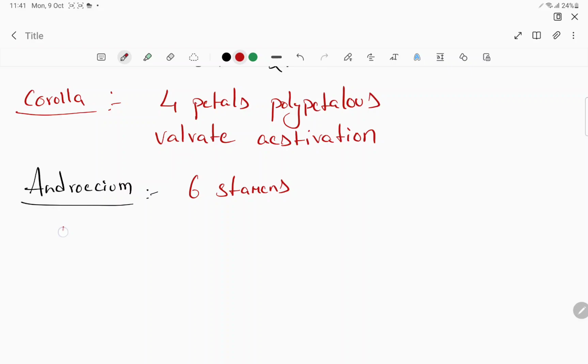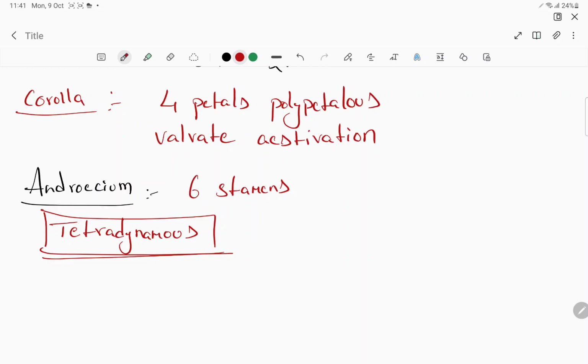This is a very important characteristic feature. So what is tetradynamous? You can see we have 2 outer and shorter. That's the 2 plus 4 arrangement we can see in the floral formula, and 4 inner, and it is longer.